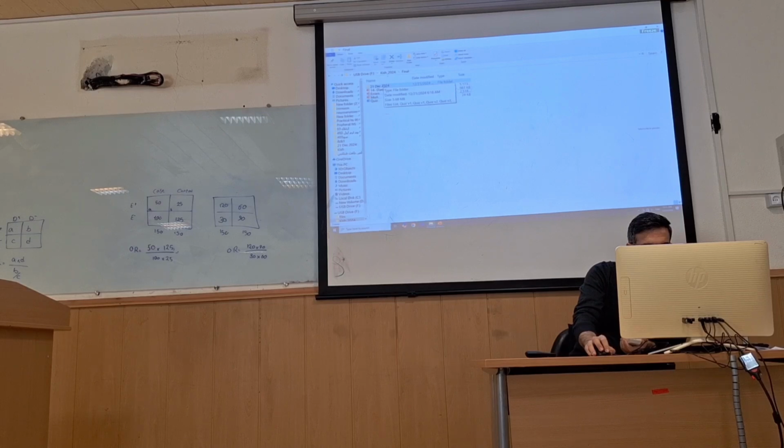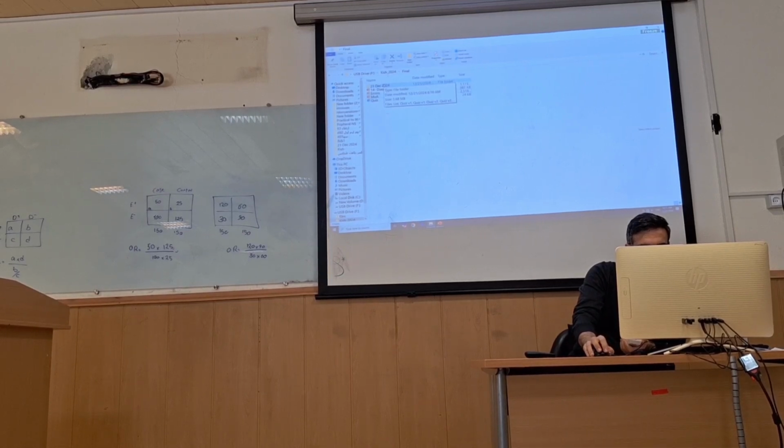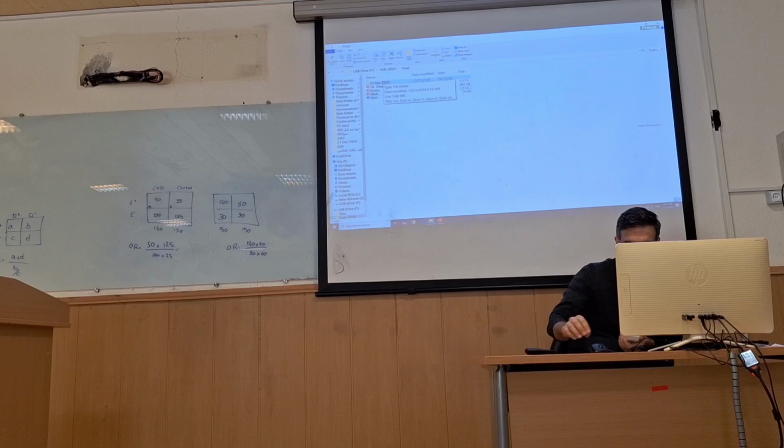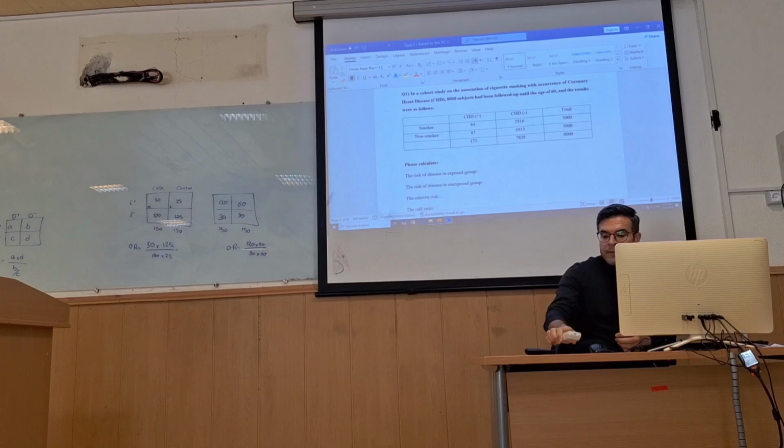Someone who does not smoke develops lung cancer. So that's not attributable, right? Because he didn't smoke and still got lung cancer. So this means that there is a chance that lung cancer totally does not depend on smoking. But now this is different: we ask how much of the occurrence of the disease we can link to the exposure.